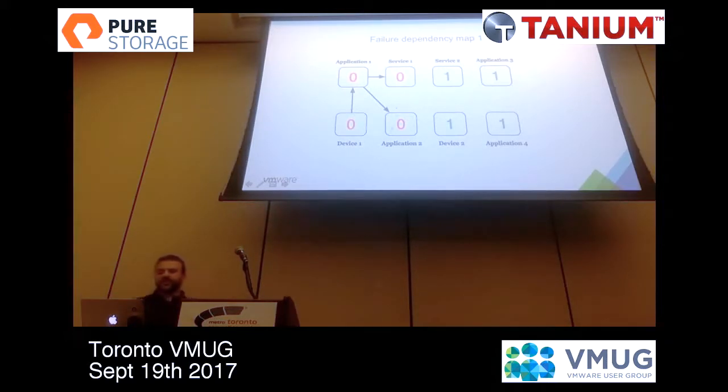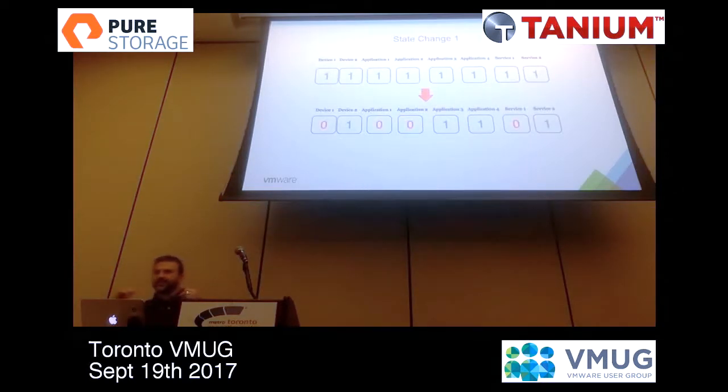So because of the failure of device 1, it creates the failures with all those other components. However, device 2, application 4, application 3, and service 2 are not affected by that whatsoever. But by understanding the dependency between those, you would understand the probable states if a certain failure occurs.